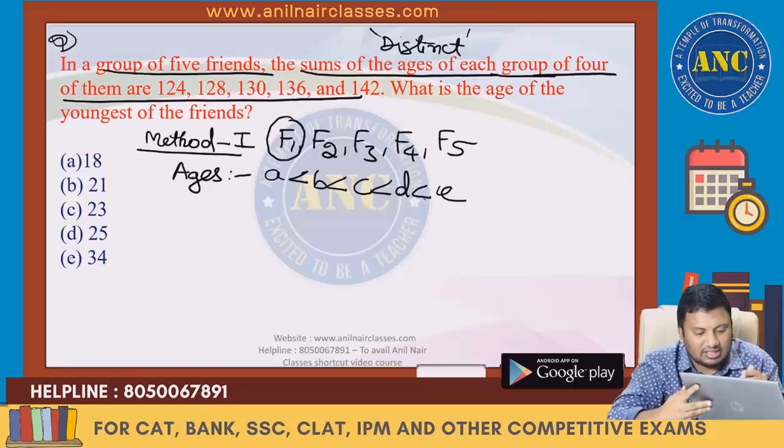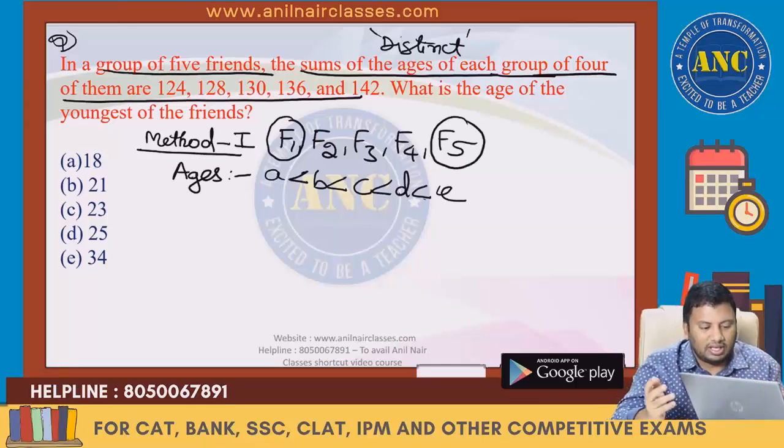This is the youngest friend and this is the oldest friend. The youngest friend's age is A and the oldest friend's age is E.